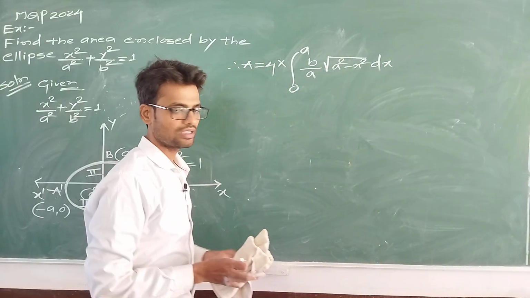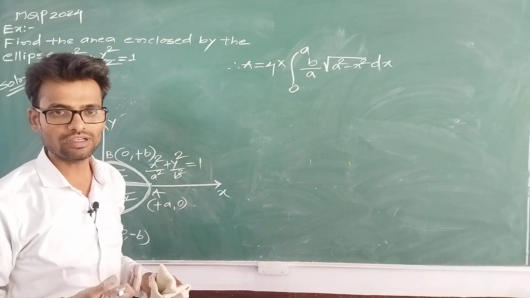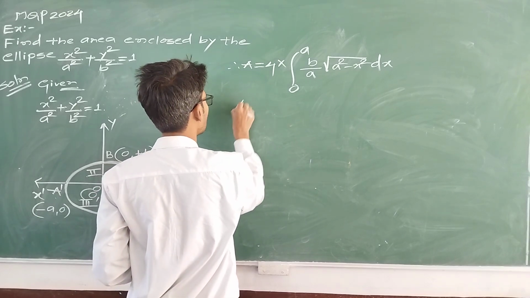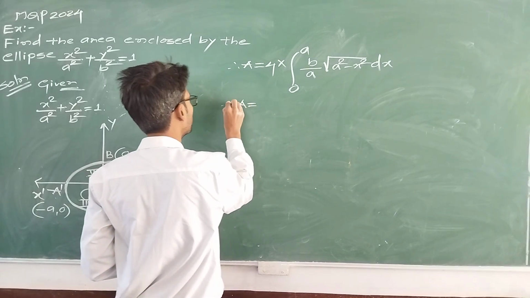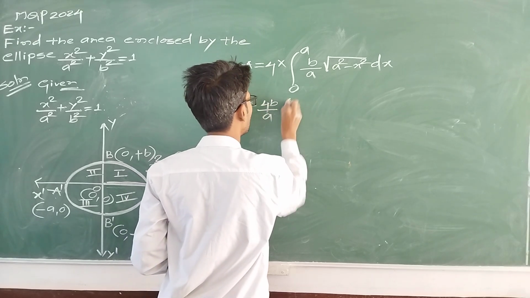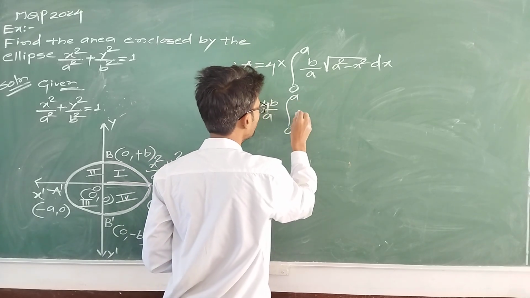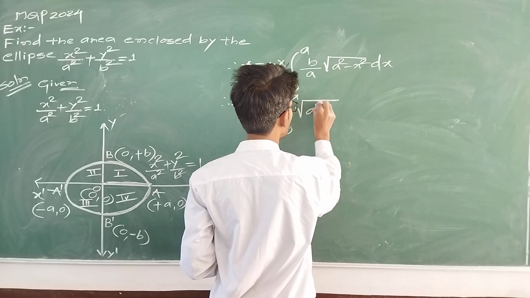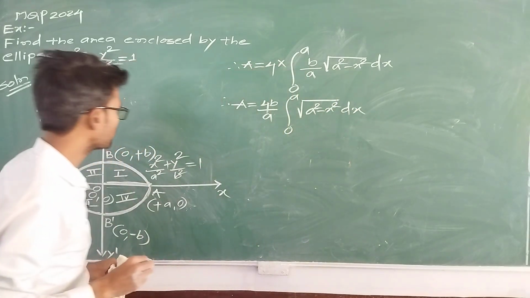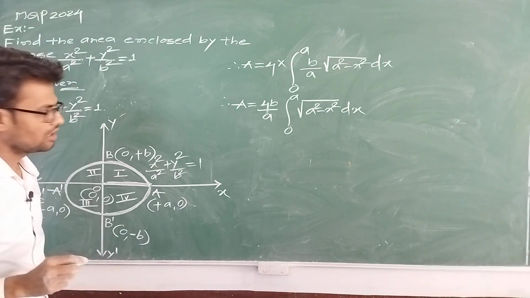Here b is constant, a is also constant, so b by a is constant, you take outside the integrating sign. Therefore you will get the area equal to 4b divided by a, and here you get integration from 0 to a of square root of a square minus x square into dx.